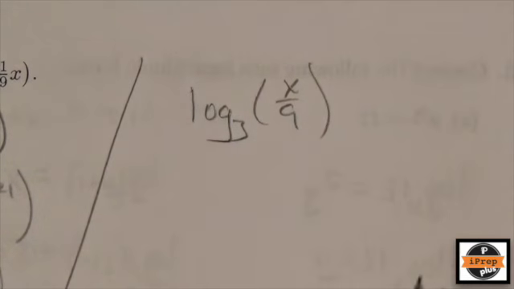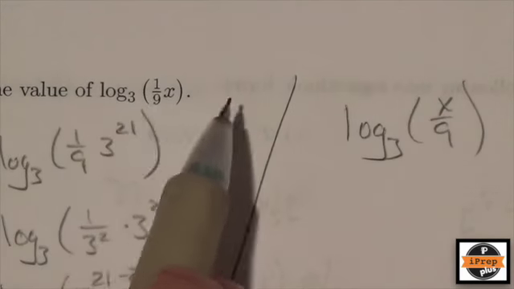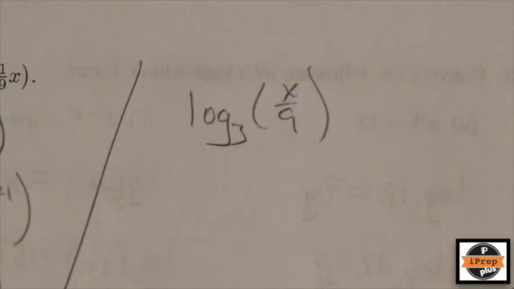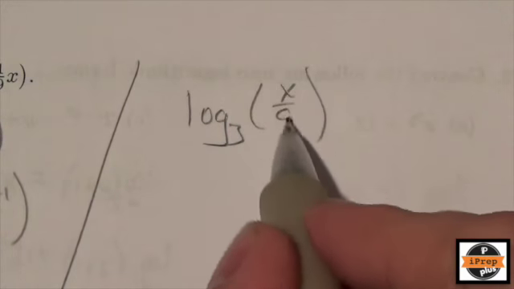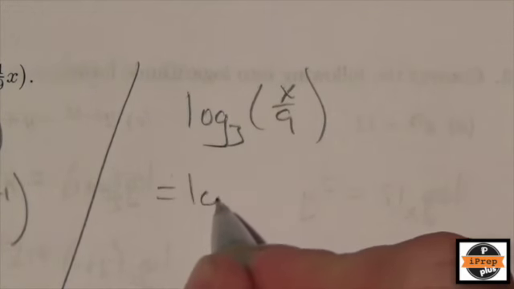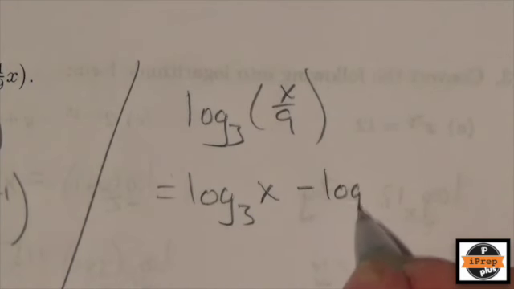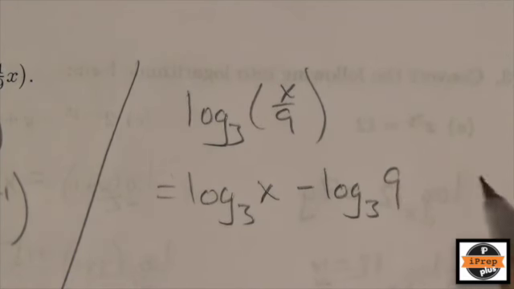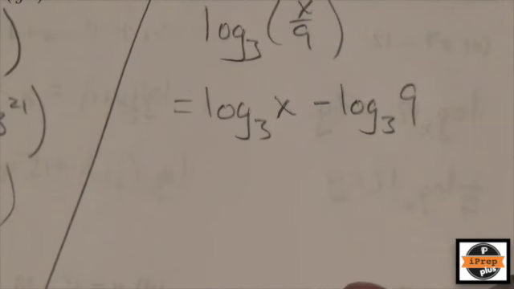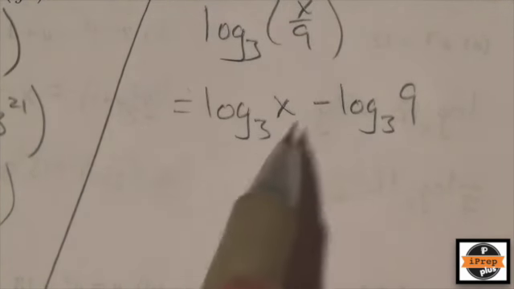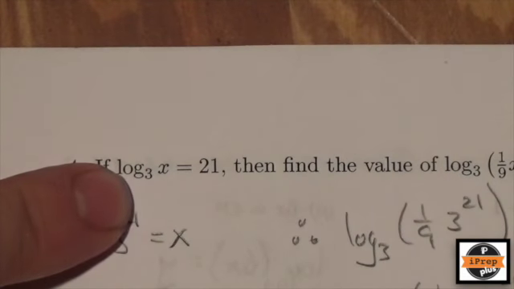I hope nobody's thrown off by that. 1/9 of x is really just the same as x divided by 9. And now because I've got division, this is going to be written as log base 3 of x minus the log base 3 of 9. What's important is that I was told originally that the log base 3 of x is equal to 21.